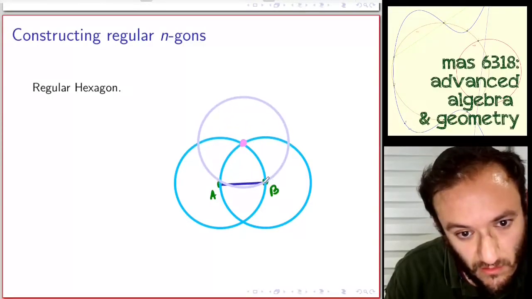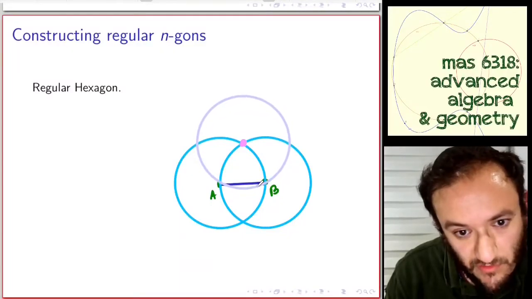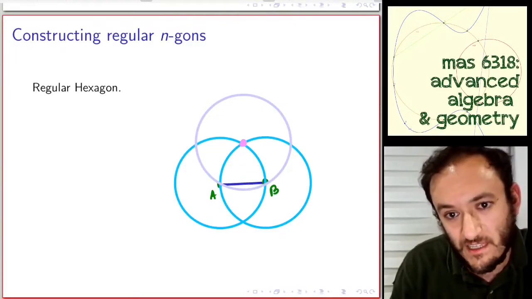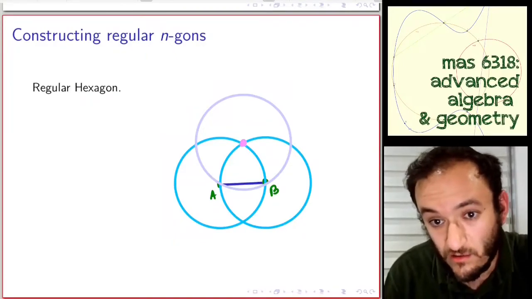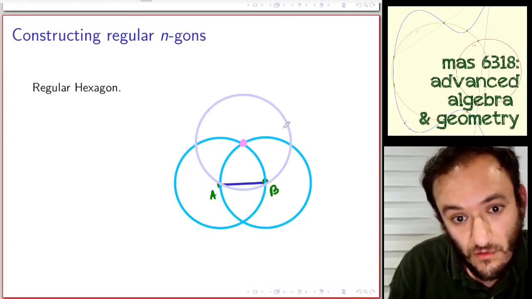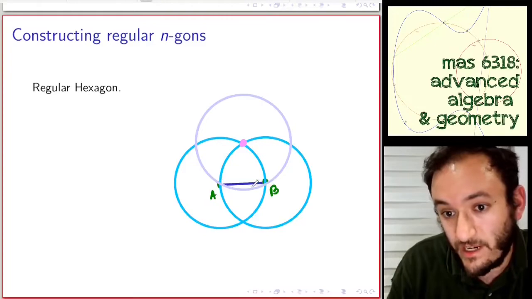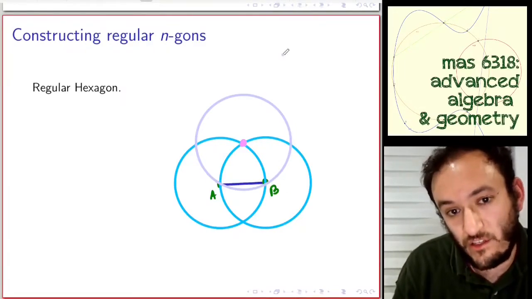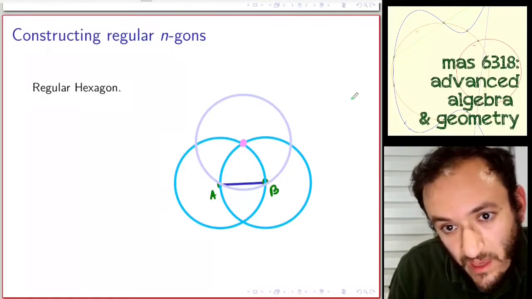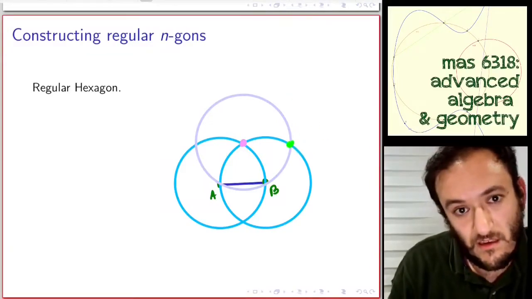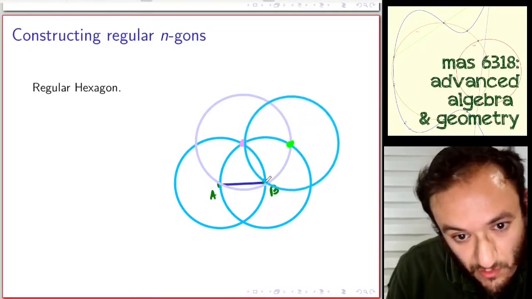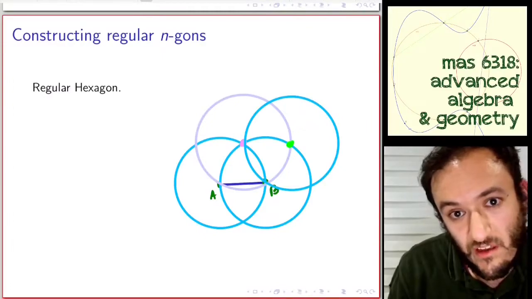So obviously this wasn't a perfect drawing. Say it's approximately like that. And now to make sure that all of the sides are of the same length and that they all sit on this circle, we're just going to draw circles of radius AB centered at each of the points going forward. So we have this point next, and then we can draw another circle centered there, passing through B. So we have another point there.